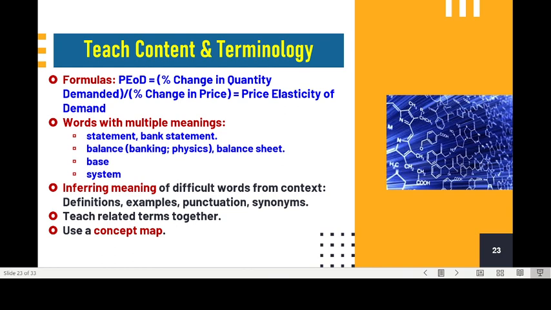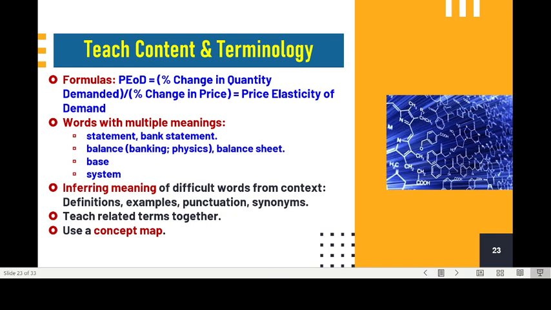So there is balance, and also balance sheet. The word base, it's used in architecture or engineering, it's used in chemistry, it's used in mathematics, it's used in many areas of specialty. The word system, it has a lot of meanings.